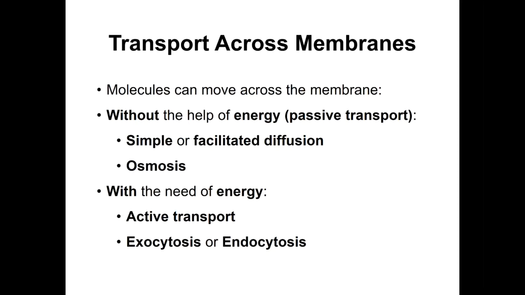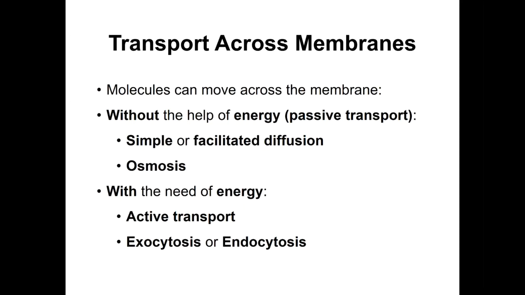There is simple or facilitated diffusion, and there is a similar movement specific for water, which is referred to as osmosis. All of these types of movements, simple and facilitated diffusion as well as osmosis, do not require energy, and they're passive types of transport.